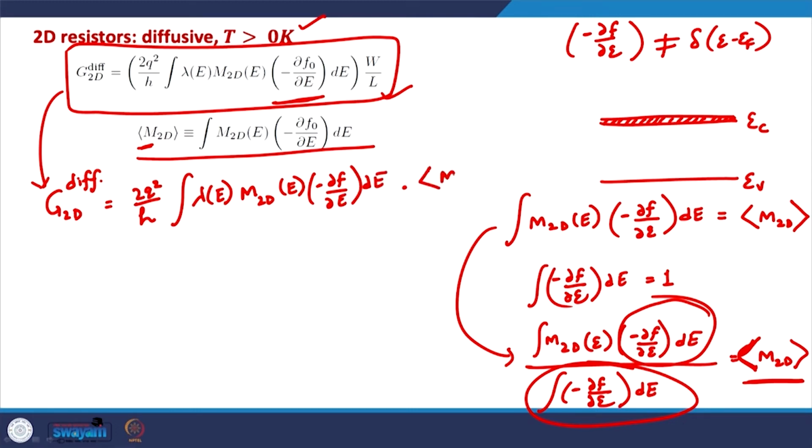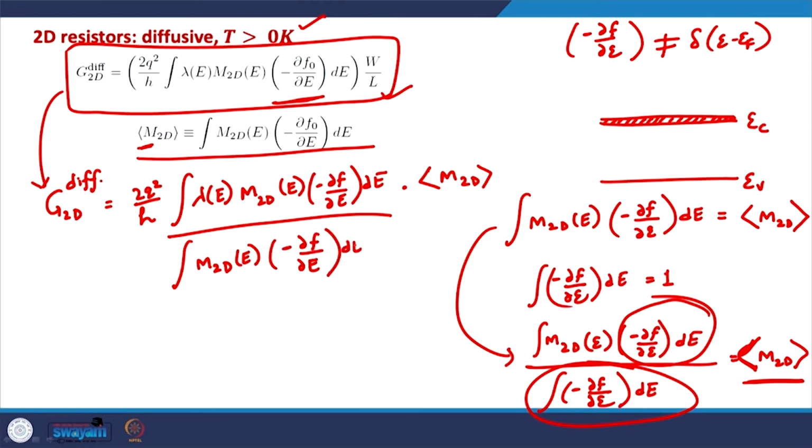We multiply and divide by this average function, and in the denominator we write the expanded version of this average, which is the integral of m2d E minus del f by del E dE, and of course we have W by L as well from here. Okay. So, now this is the conductance at normal temperatures.